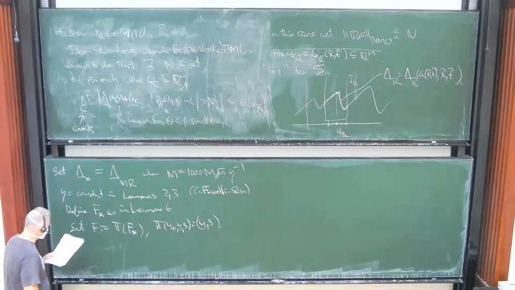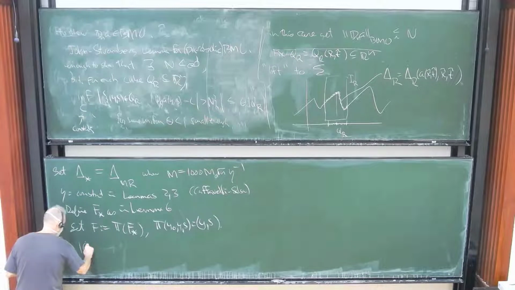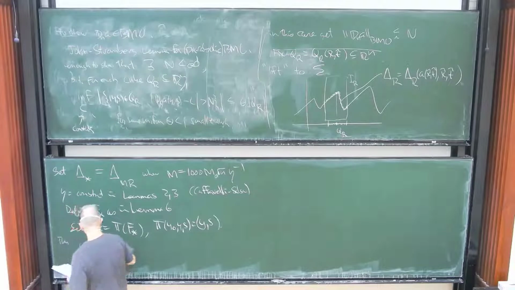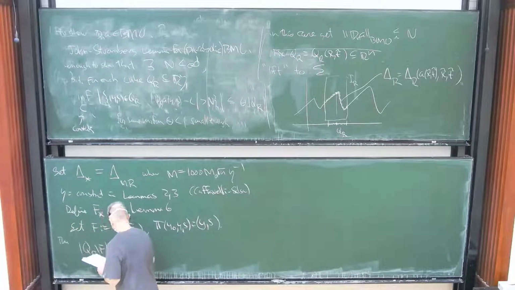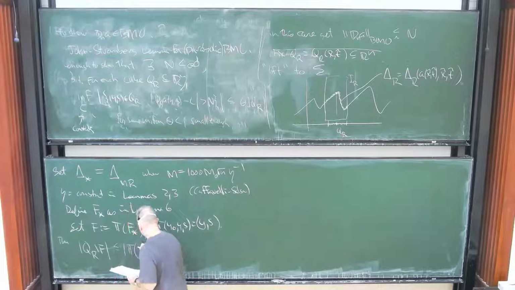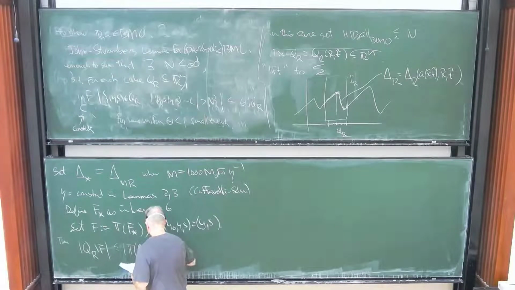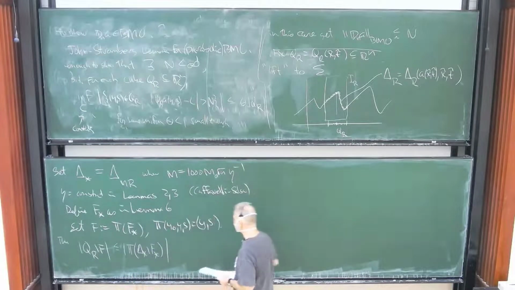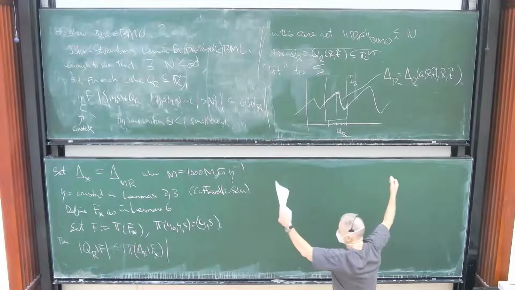All right? So then we have that the measure of Q_R minus F is less than or equal to the measure of pi of Delta star minus F star, because Delta star is a much fatter version.